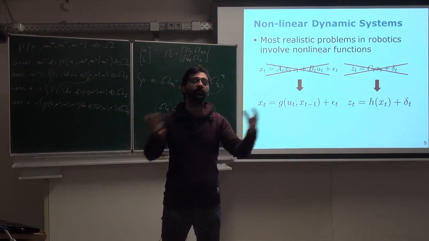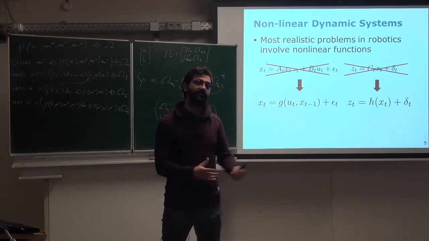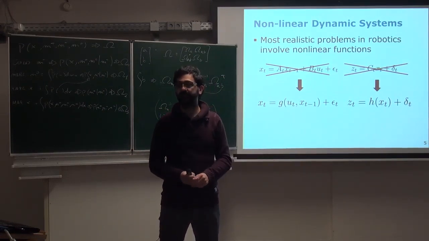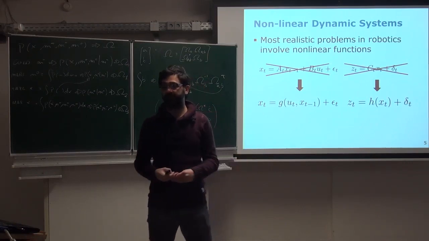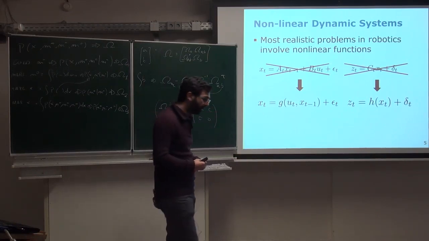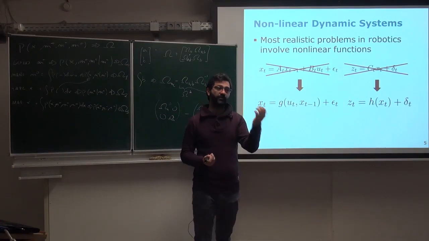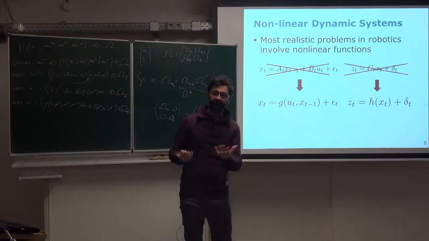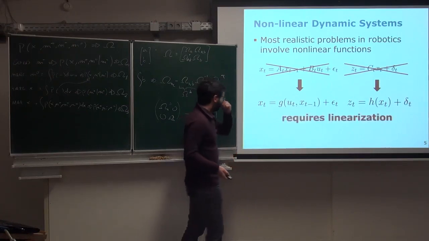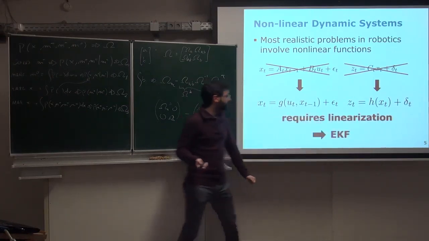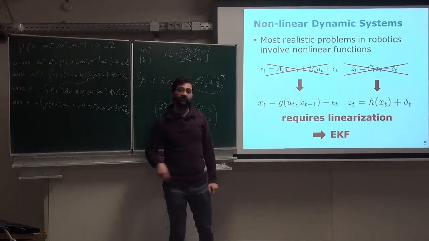Then we can still use the same equations as for the Kalman filter, with the difference that we lose the optimality of the filter and just have something close to optimal. This is what is called the extended Kalman filter.